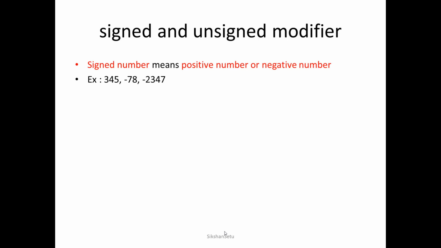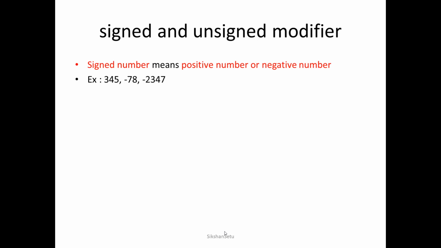But if we need to specify explicitly a negative number, then I need to put a minus sign or hyphen, 78. So it represents that it is minus 78 or minus 2347. So signed number means it can accommodate positive as well as negative numbers.